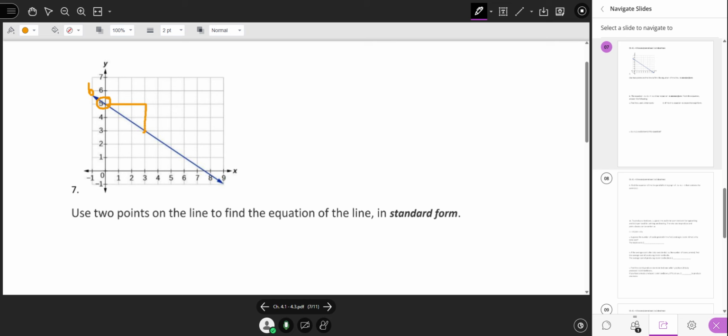It went down, so that's minus. And that went down 2 spaces. Don't count the lines, count the spaces. 1, 2 spaces. Count the spaces. 1, 2, 3 spaces. Rise, over run.